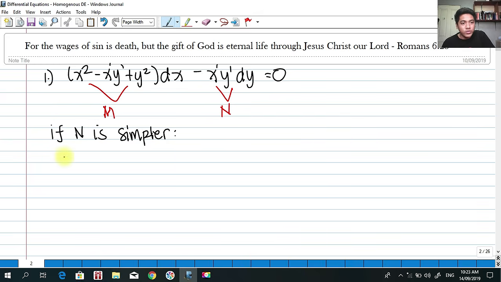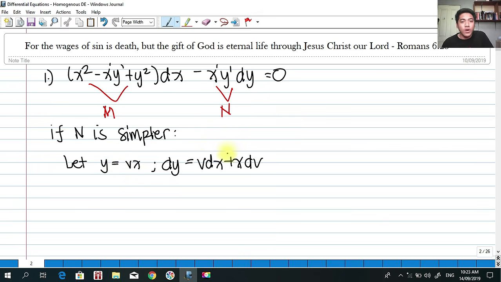then we use the substitution: let y equals vx, and then differentiate y, so we have dy equals v dx plus x dv. We substitute these values into our original differential equation.